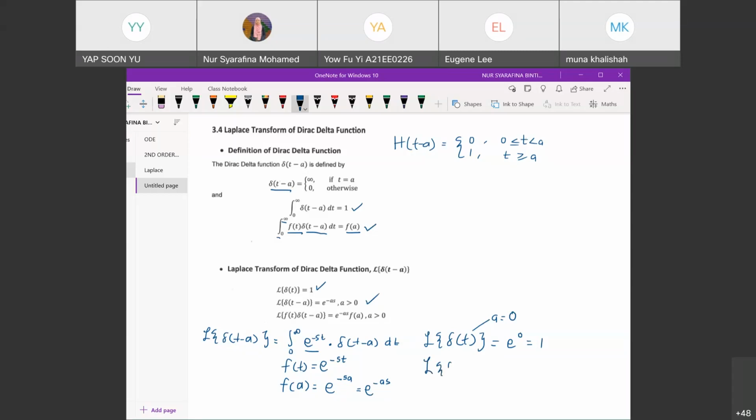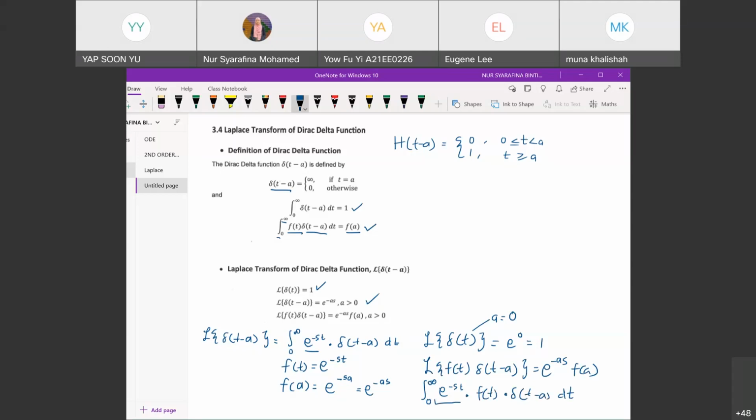Transforming f(t) delta(t minus a) equals e to the power of negative as f(a). The transformation is given by the integral from 0 to infinity of e to the power of negative st f(t) delta(t minus a) dt.